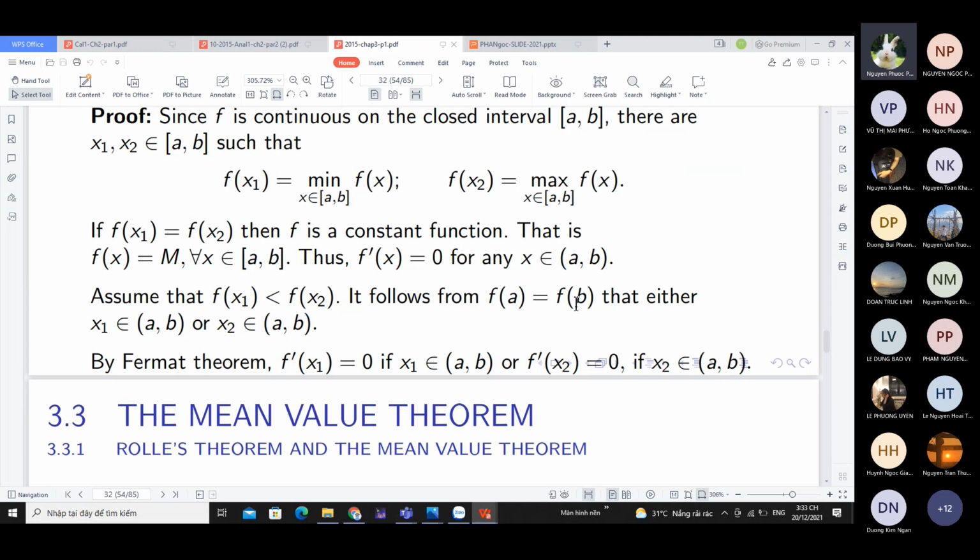And that's why at least one of x1, x2 must belong to the open interval AB. We cannot have something like x1 equals A and x2 equals B. If x1 equals A and x2 equals B, you would have f(x1) equal to f(x2).